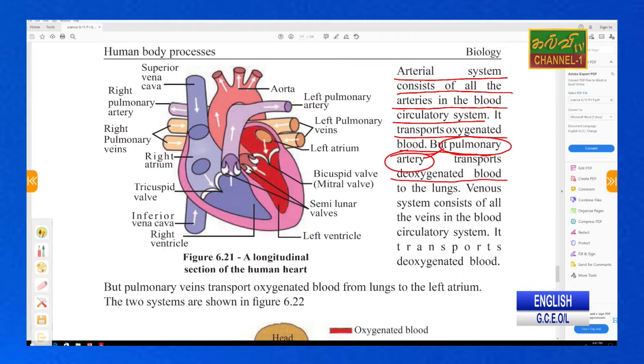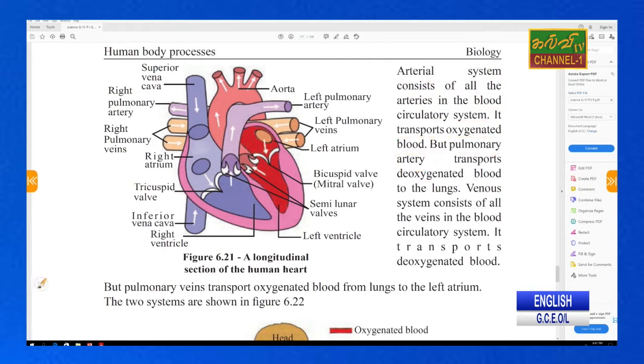Sometimes the question can come, which artery transports deoxygenated blood? So we must know it is the pulmonary artery.